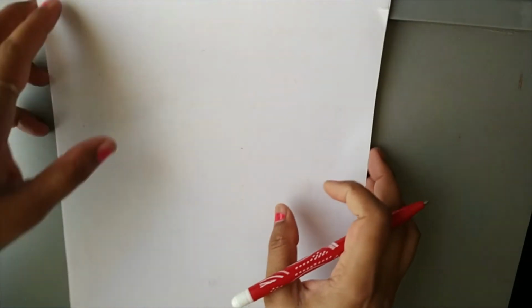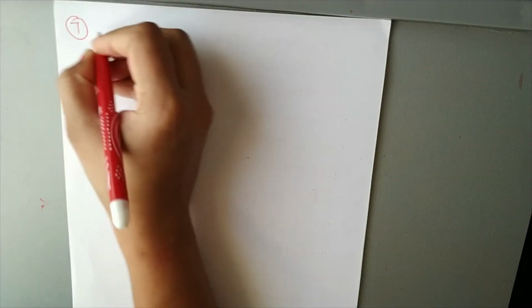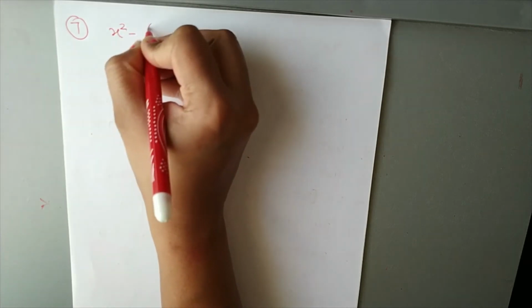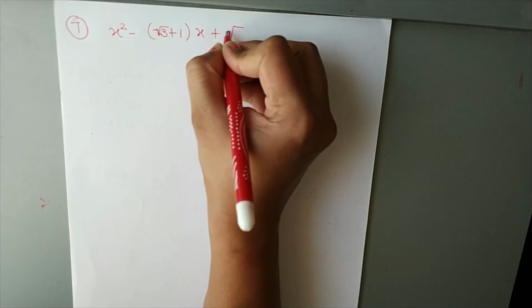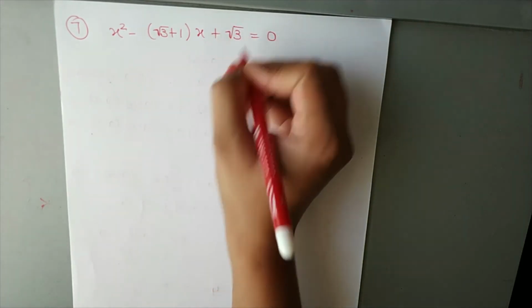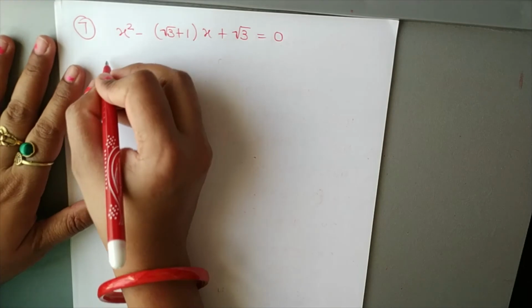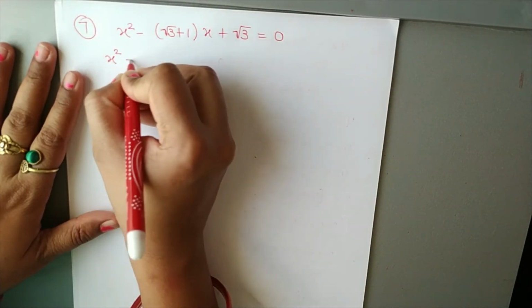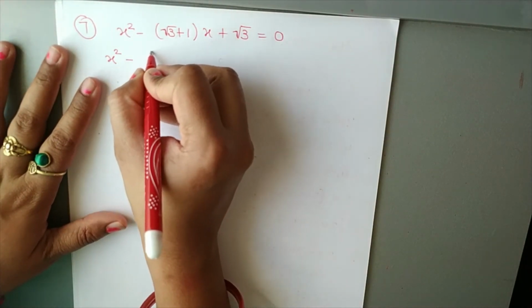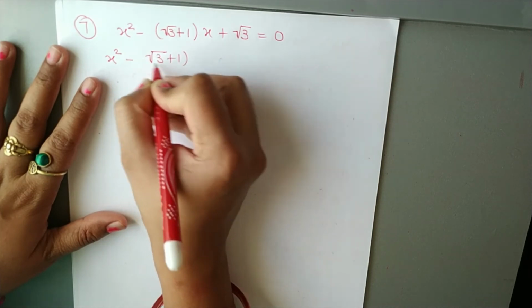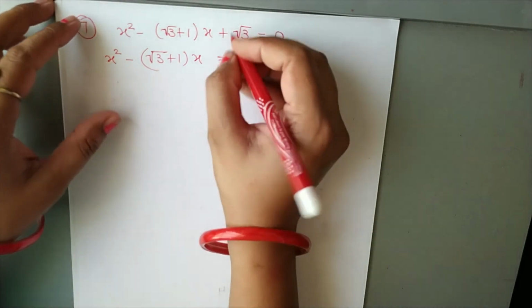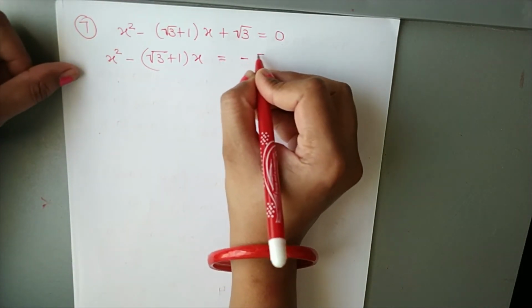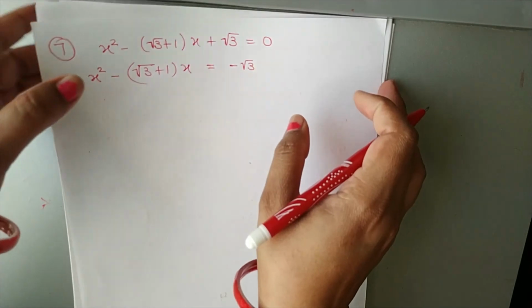Last question. x² − (√3 + 1)x + √3 = 0. So x² − (√3 + 1)x, shifting this to the right-hand side, it will be −√3.